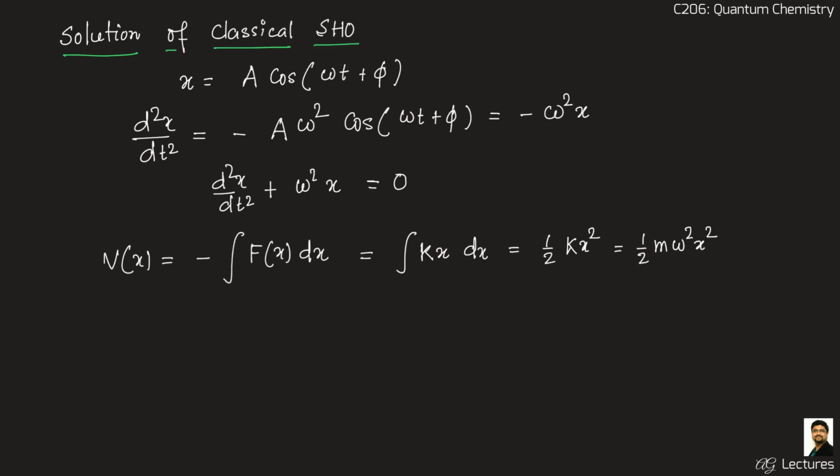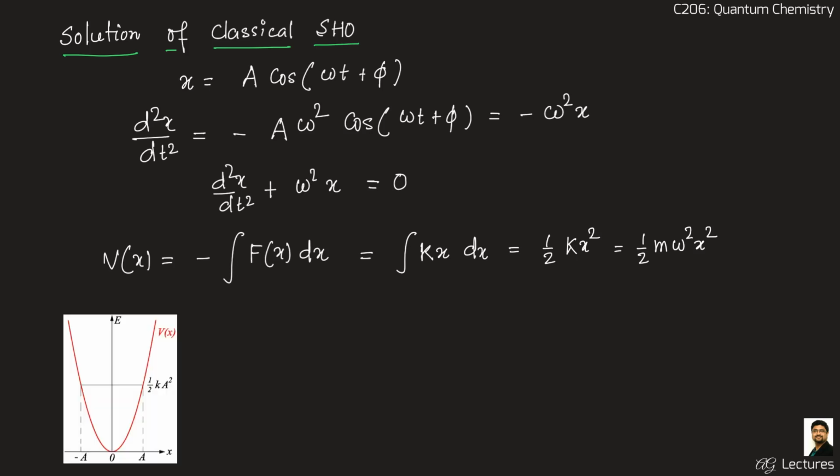And the potential, if we just draw it, looks something like this. So here is the potential V of x, and this amplitude A and minus A, as I have drawn in the last slide.